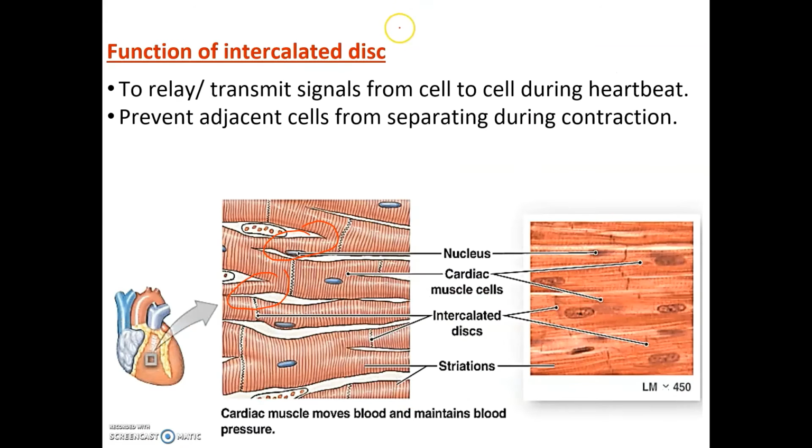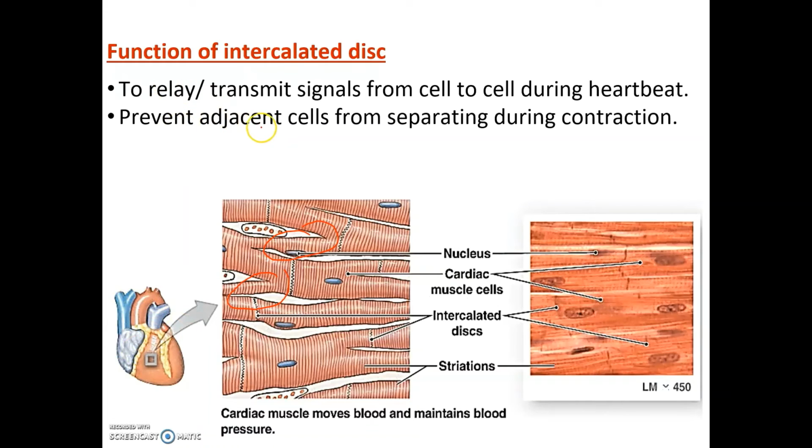The function of intercalated discs is to relay or transmit the signal from one muscle cell to another during the heartbeat and prevent the adjacent cells from separating during the contraction. Because the heart is the heaviest duty organ of our body, it pumps every single minute.